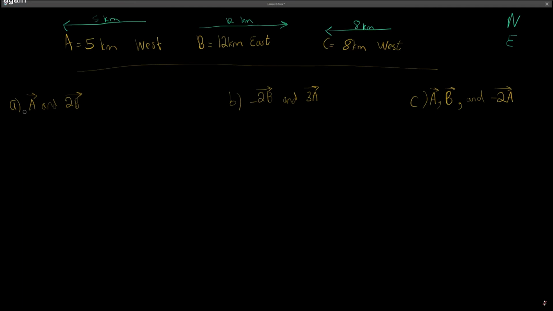So now we have question 1 asking A plus 2B. If we substitute the values, we have 5 kilometers west here, so A is 5 kilometers, west is negative, so we substitute it with a negative sign, plus 2B, B is positive, so 12.